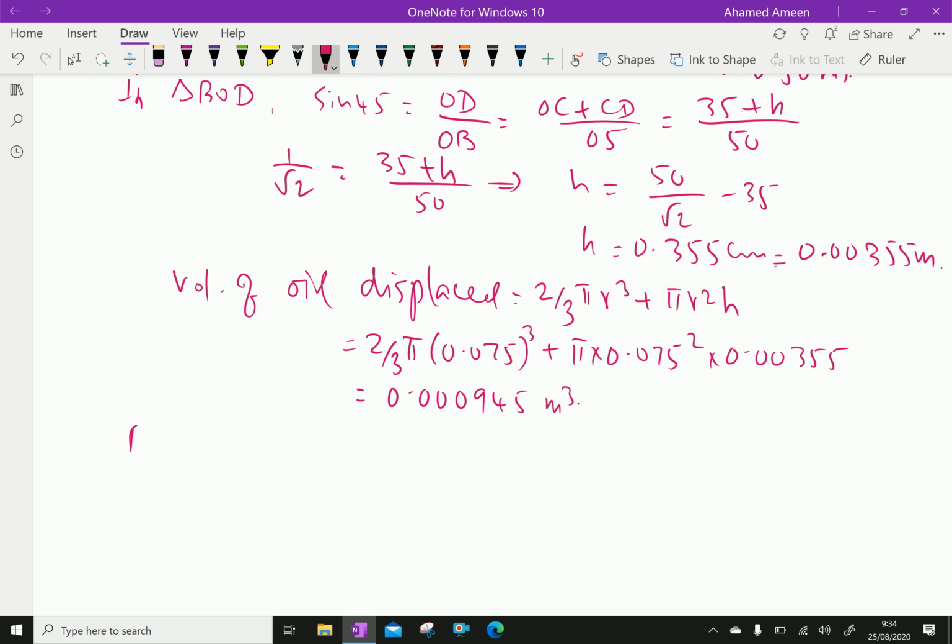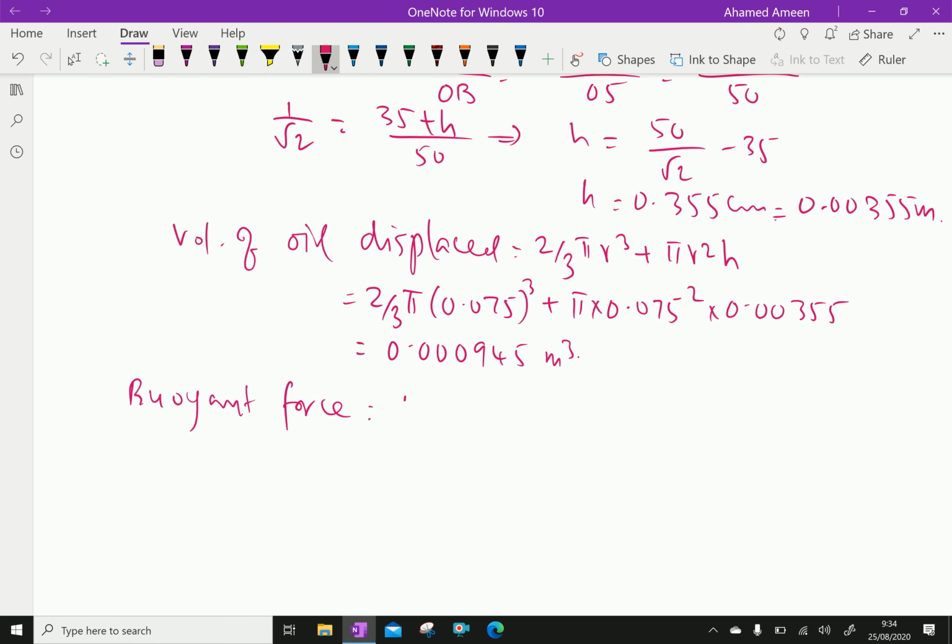Therefore, buoyant force is the weight of oil displaced.